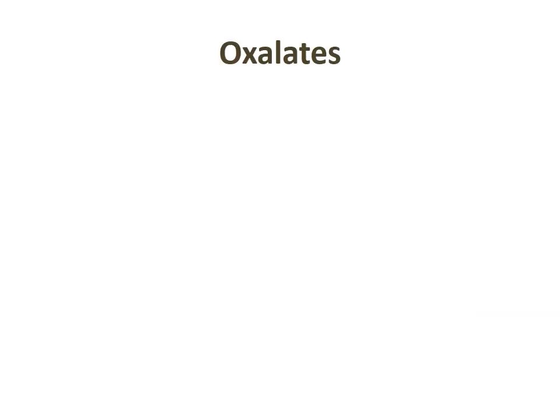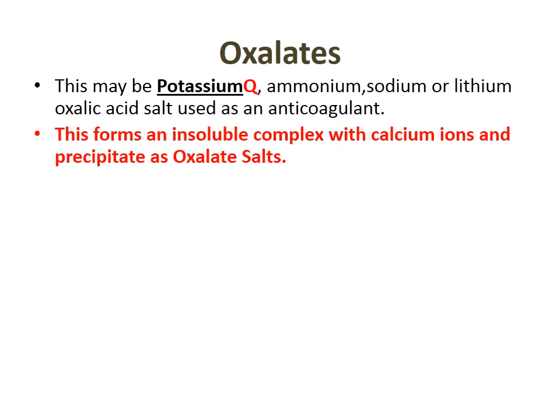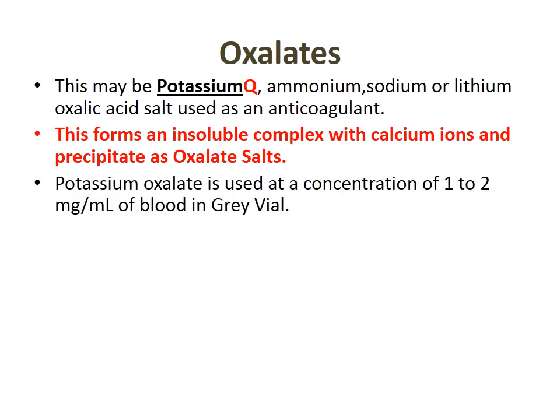Next anticoagulants are the oxalates. These may be used as potassium, ammonium, sodium or lithium oxalate as an anticoagulant. They form an insoluble complex with calcium ion and precipitate as oxalate salts. Potassium oxalate is used at a concentration of 1 to 2 mg per ml of blood in the gray vial. Remember, this is the preferred anticoagulant used in the gray capped vial for plasma glucose estimation.